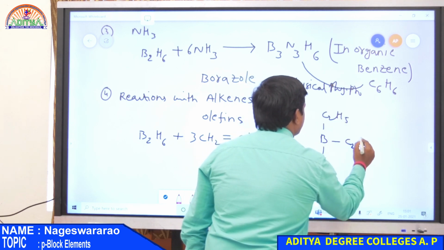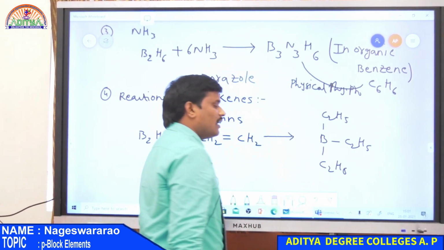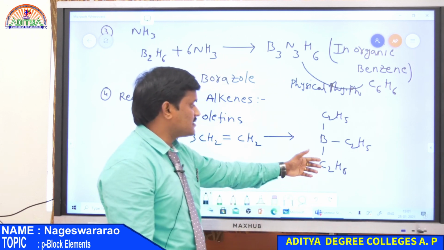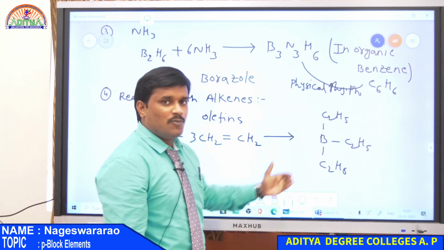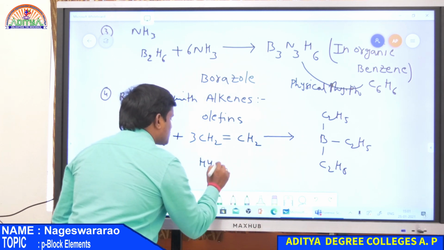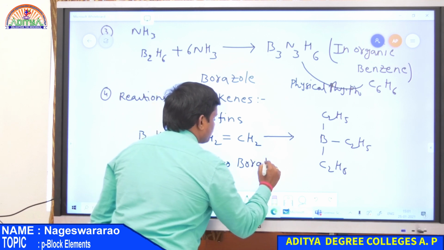trialkyl borane. Trialkyl. So this is ethyl, C2H5. So therefore this is nothing but triethyl borane, and this process is also known as hydroboration. Hydroboration.